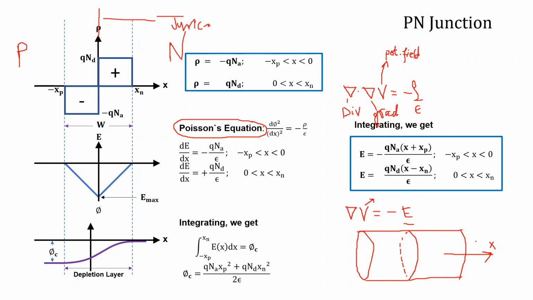So if we take divergence of gradient of potential, we can write it like this: d squared phi by dx squared is equal to minus rho by epsilon, where phi is the potential field. So here potential field is shown by phi.